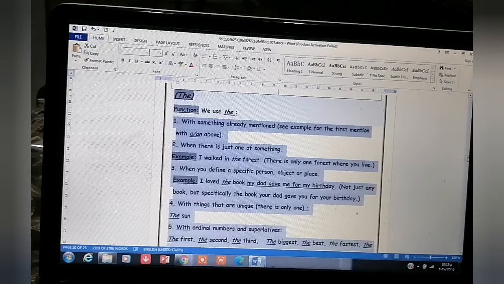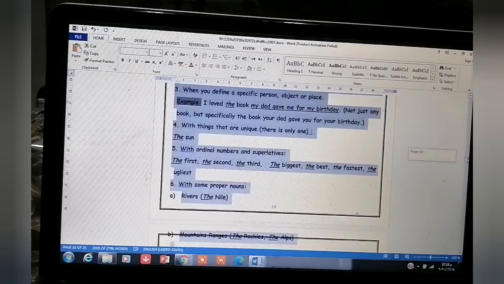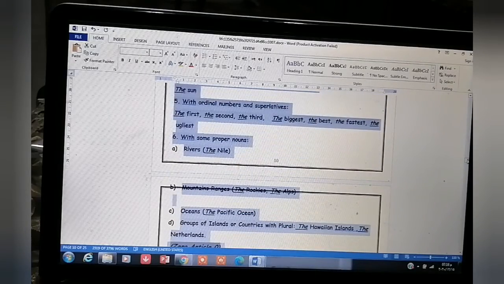Okay? Number 4, with things that are unique. There is only one: the sun. Okay? For example, the moon. Okay, number 5, with ordinal numbers and superlatives, we say the first, the second, the third, the biggest, the best, the fastest, the ugliest.